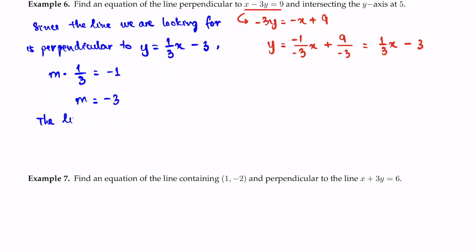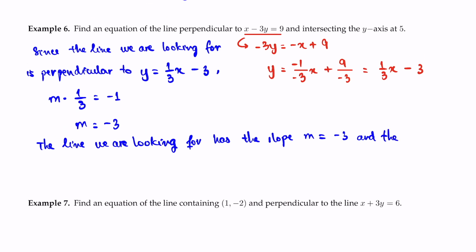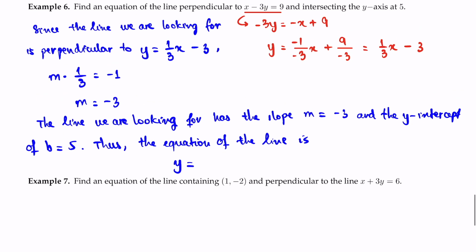The line we are looking for has the slope m equal to -3 and the y-intercept of b equal to 5. We conclude that the equation of the line is y equals -3x plus 5.